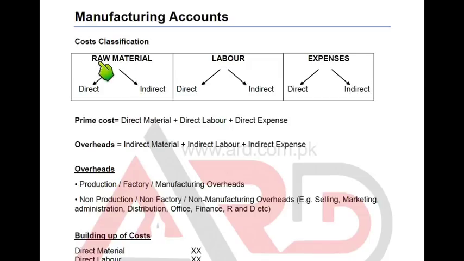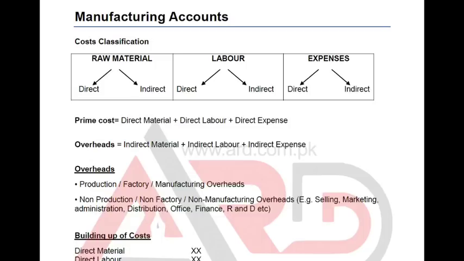First of all, there is the fabric, which is known as raw material. Secondly, we have labor input, that means whatever labor is working to make the product. And thirdly, we have expenses such as electricity, rent, depreciation, and so on.